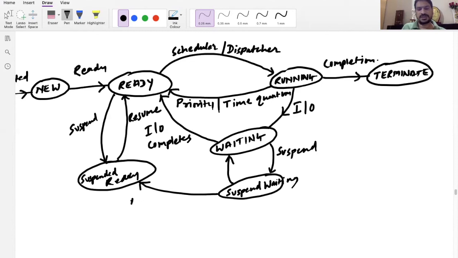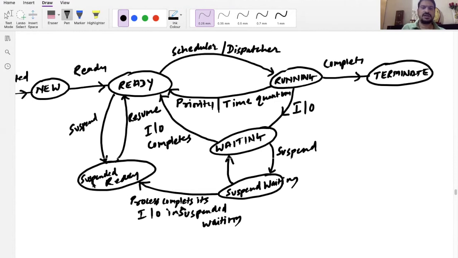So if the process completes its IO in the suspended waiting state, then also it can join the suspended ready state.